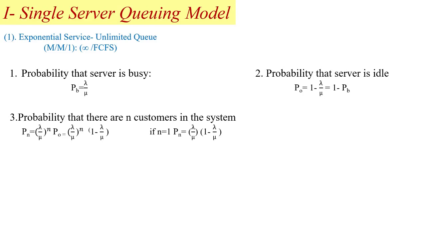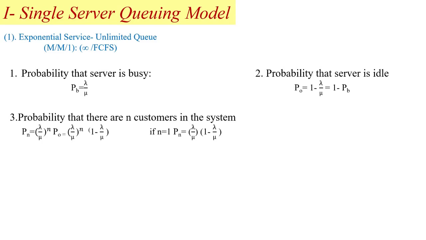Pn equal to lambda by mu whole to the power of n into P naught, that is, lambda by mu whole to the power of n into 1 minus lambda by mu. Let's see the example. If there is only one customer, then what is the probability? If n equal to 1, you substitute small n equal to 1 in the previous equation.